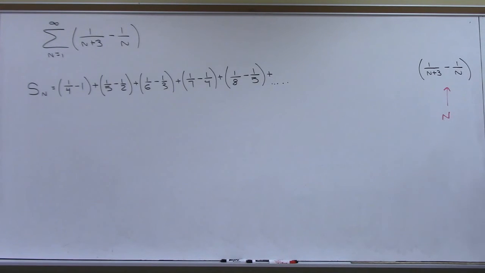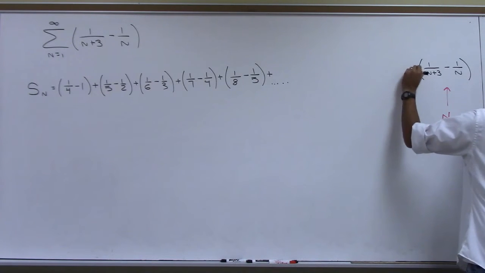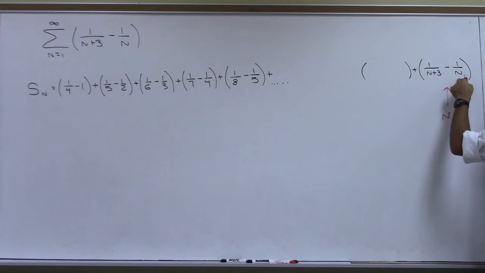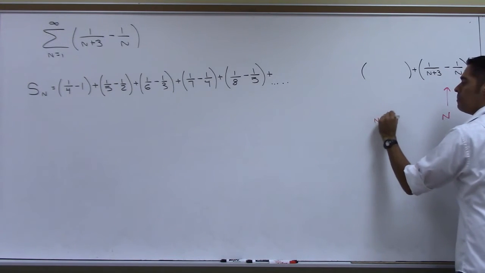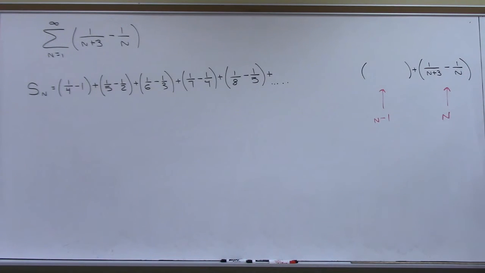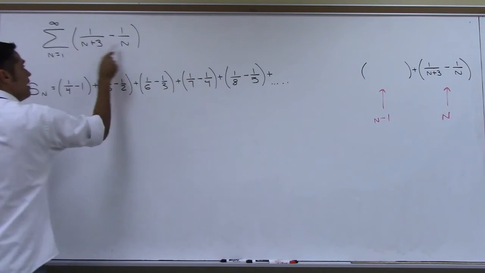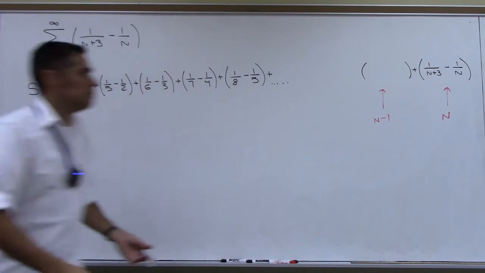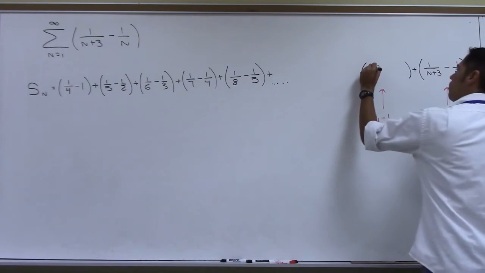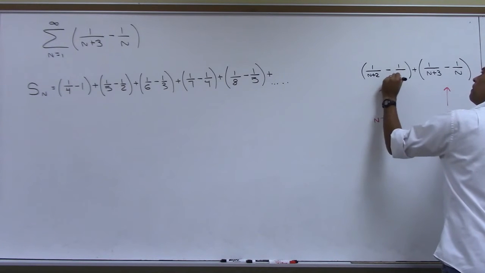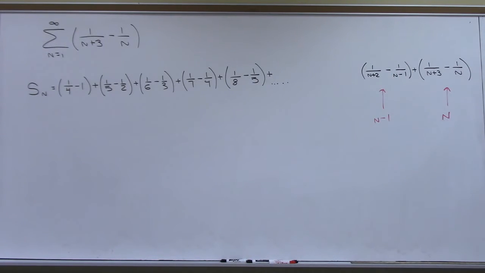So this is what happens if I stop at n. What does the one before this look like? It's what I get when I take, instead of plugging n in, I plug in n minus 1, 1 less than it. So what would happen if I go to this expression, I replace this n and this n with n minus 1 instead? 1 over n plus 2 minus 1 over n minus 1, right?